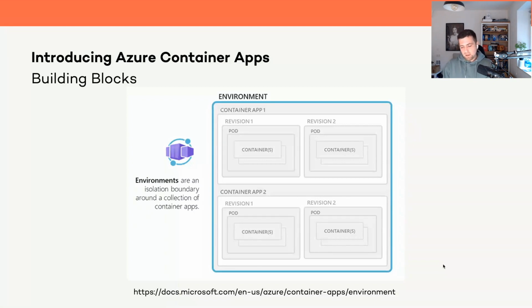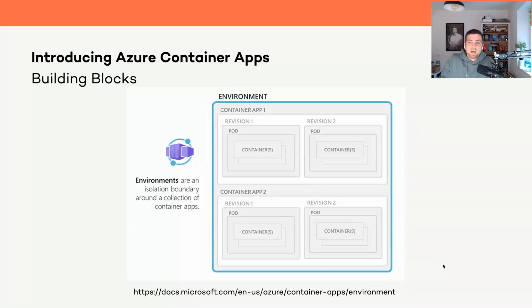So a pod can have multiple containers being executed on the same virtual host, so that those containers can interact or communicate with each other as you would execute them on your local machine. And basically that's it. So we need an environment. In that environment, we create a container app. On that container app, we can configure things like how networking should behave, and stuff like that.